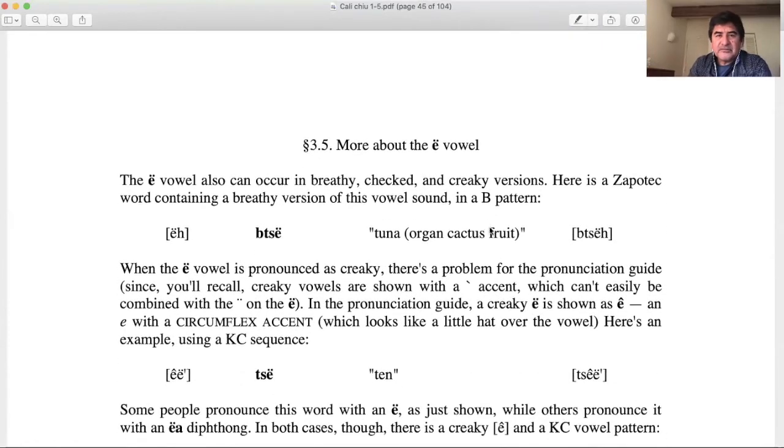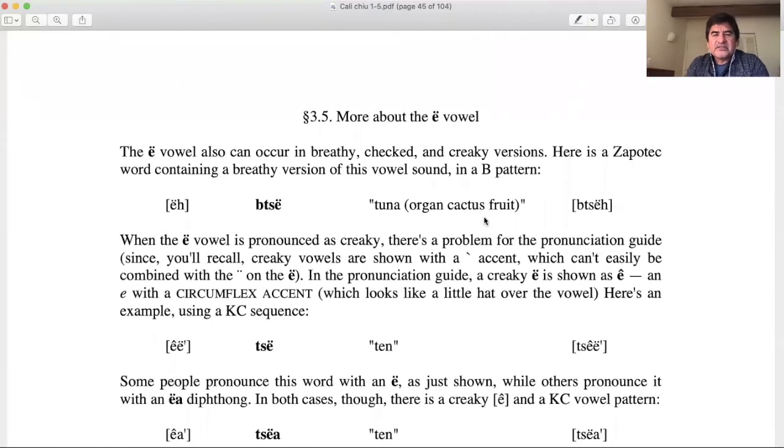So just not to forget our little friends, our long friend, the E with two dots. So what do we do when we want to represent the creaky vowel with E with two dots? So let's look at that briefly here. The E with two dots also has all of these vowel types, right?